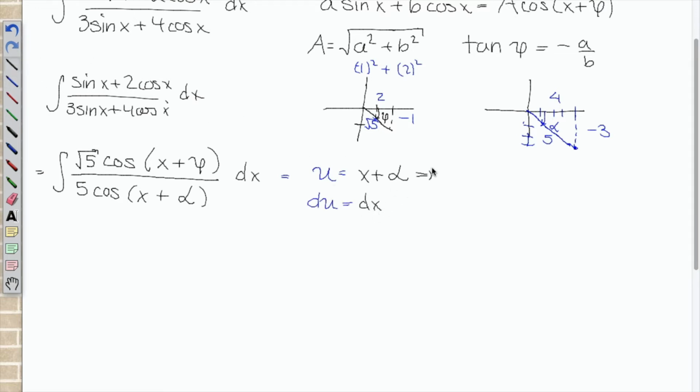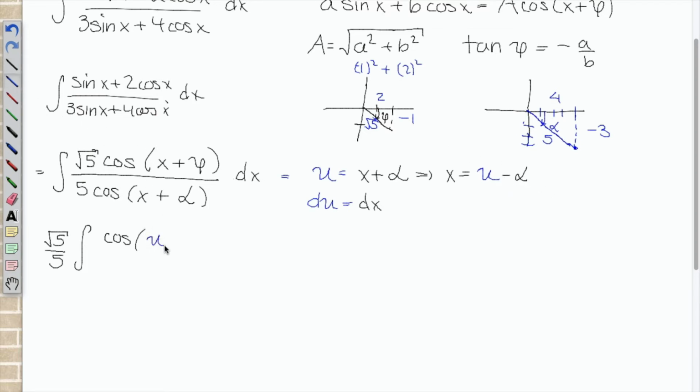And of course, we can solve the second equation in terms of x: x will be u minus alpha. We can take this information and plug it in. Because square root 5 over 5 is constant, we factor that out. Cosine of x in this case is u minus alpha, so we'll plug that in.